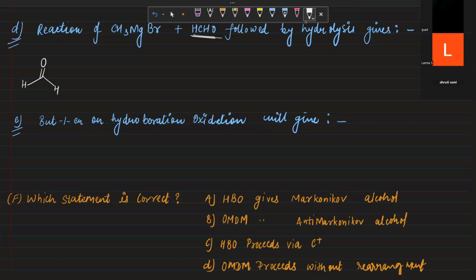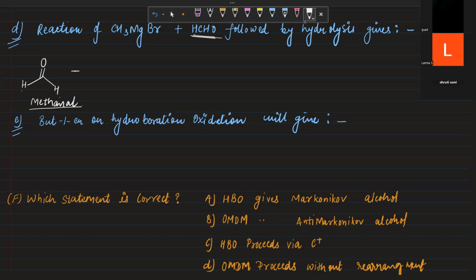Wait, so then a ketone is in the middle, right? A ketone has the chain in the middle, but there should be carbon in both directions. Here there is hydrogen. So this is an aldehyde. And what is the name of this aldehyde? There is only one carbon, so this is methanal.